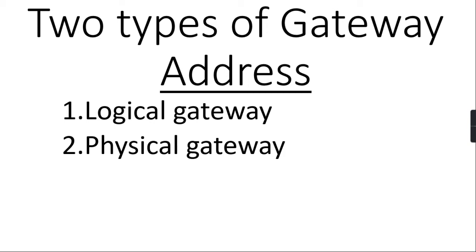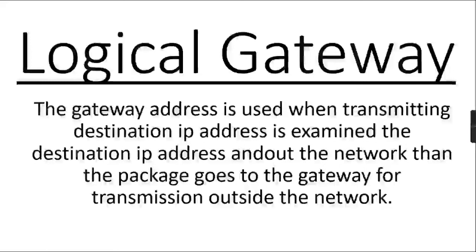Now we have two types of gateway here: the logical gateway and the physical gateway. We are going to discuss both of them. Firstly, the logical gateway. The logical gateway is used for examining the destination IP address, that is, where the data packet is being sent to. It has to examine the IP address of the host machine that will receive the data.